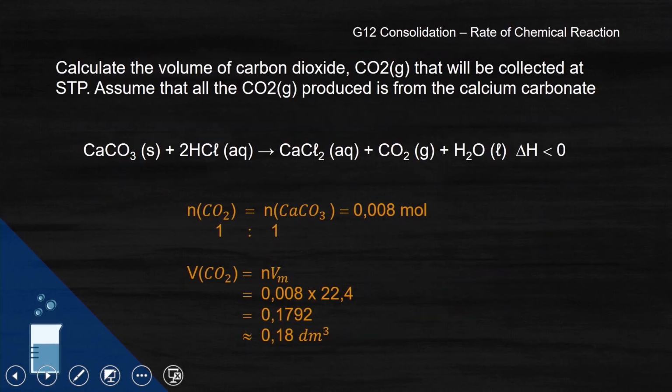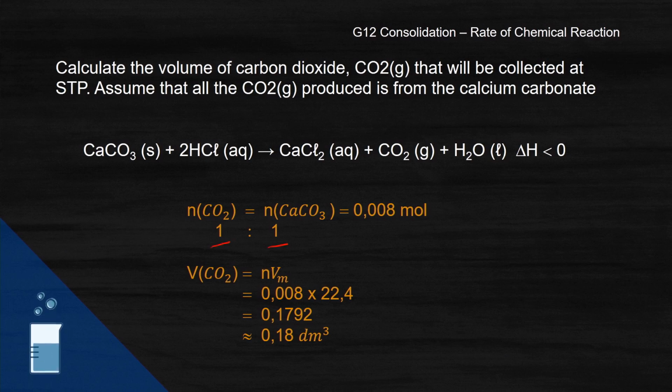Now, what must I do with that? Well, I have to now convert that number of moles into the volume of carbon dioxide that is produced. So we know the ratio is 1 to 1, and all I have to do then is put my values into the formula.